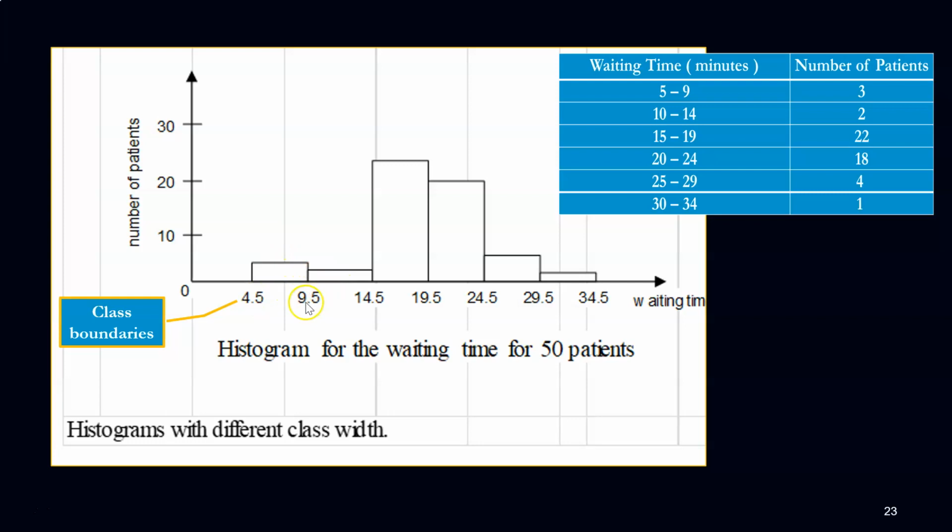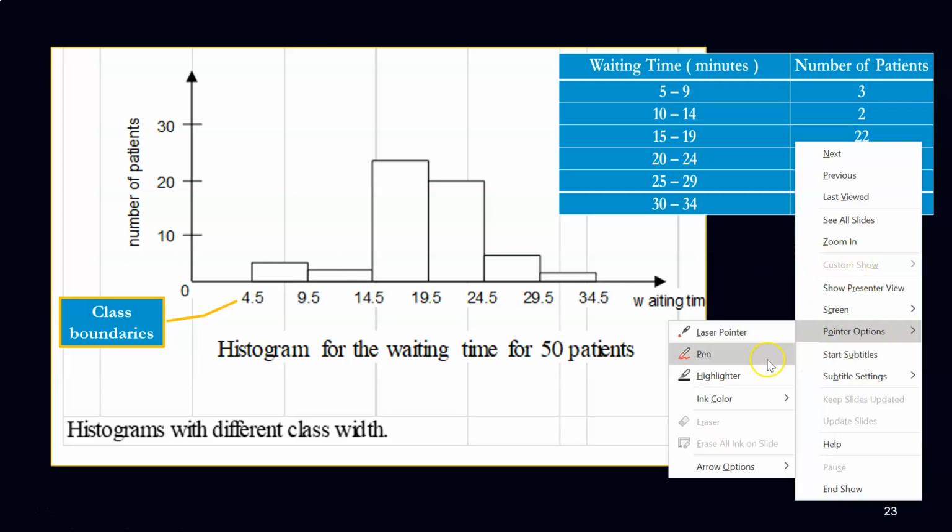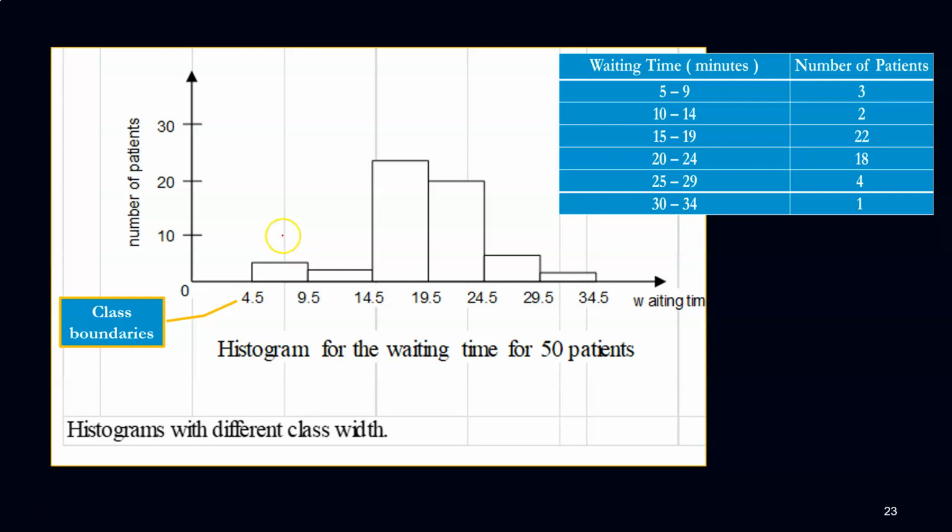And then, 9.5 until 14.5, you get 2. Over here ni. Let me jot down a bit. Okay, this one is 3. This one is 2. This is a bit high, 22. And this one, look, 18. And this one is 4. And the last one will be 1.